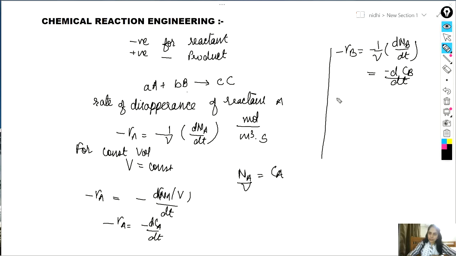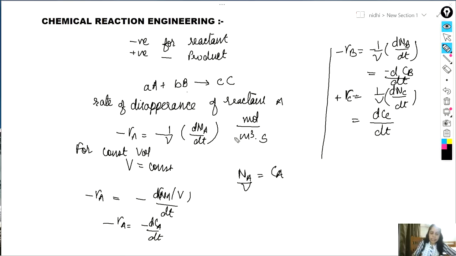Similarly, for product C, which will be positive, RC equals 1 by V dNC by dt, or in terms of concentration, dCC upon dt, right? So here you can see the negative sign in the case of reactants A and B implies that the concentration of the reactant is decreasing with time, and thus the rate becomes positive in either case.